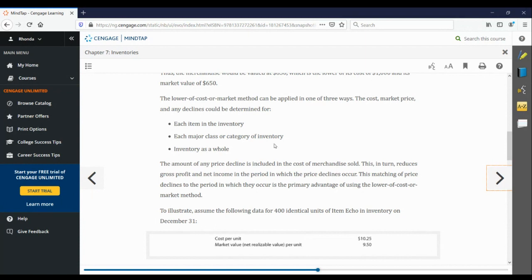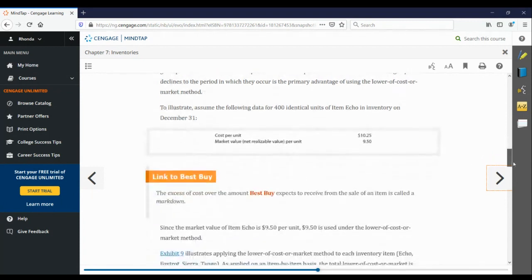So we could lump them all together as a particular category or a group of inventory. Or we could apply the lower of cost or market method to the inventory as a whole.